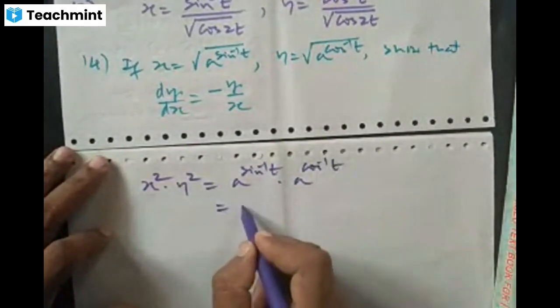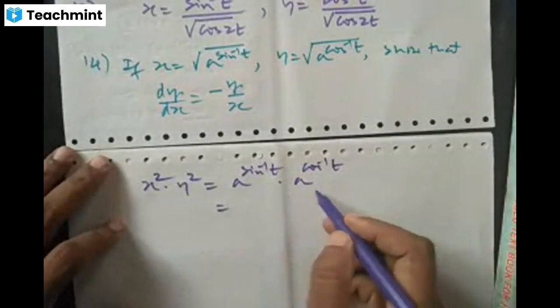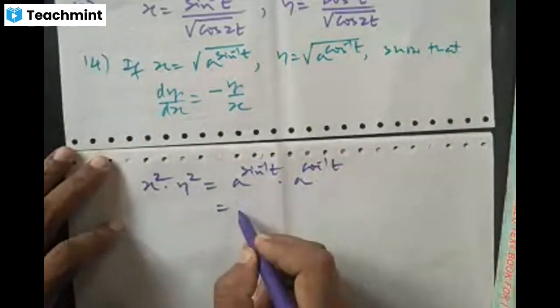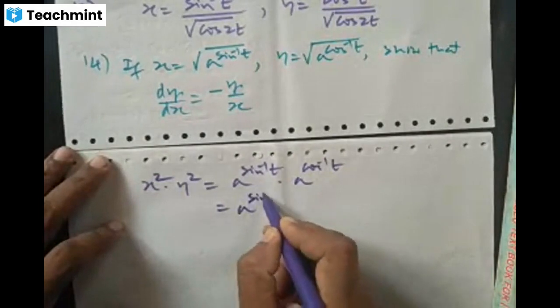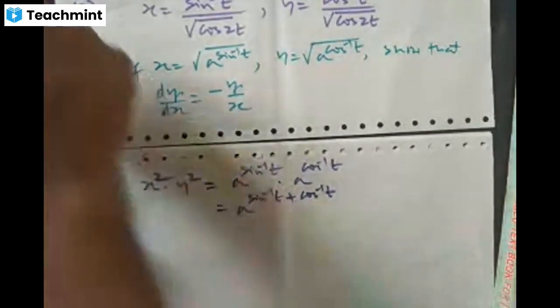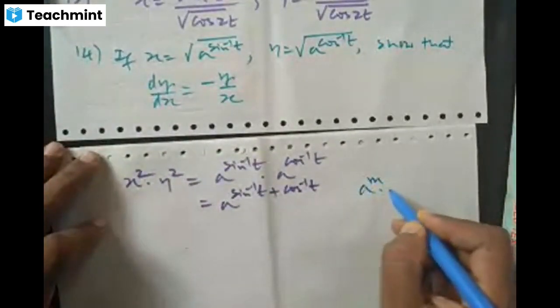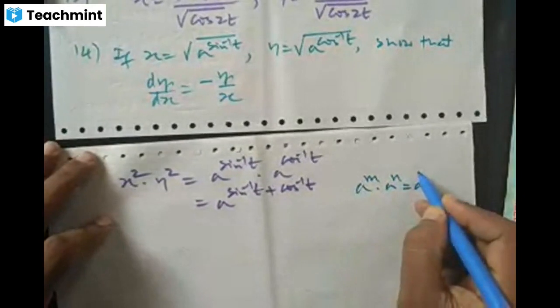Okay, so now by using law of indices, right hand side can be written as a power sine inverse t plus cos inverse t. I have used the law of indices: a power m into a power n is a power m plus n.